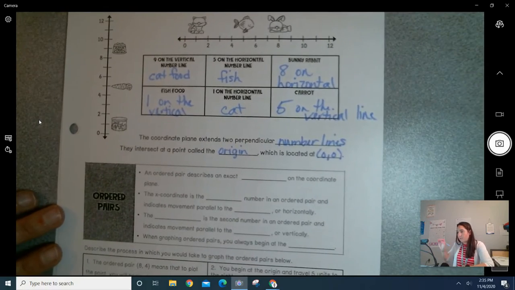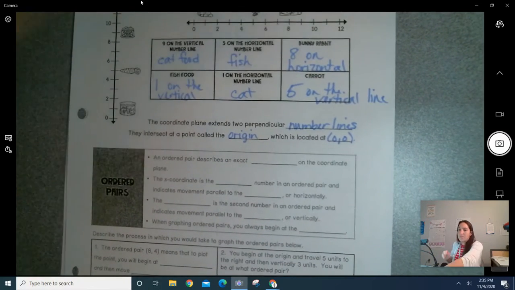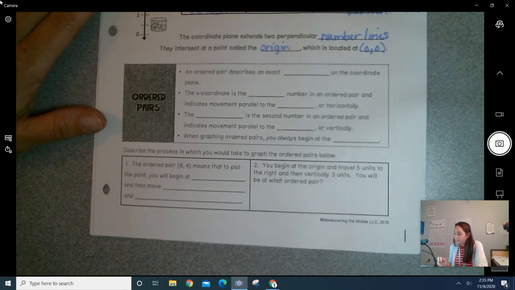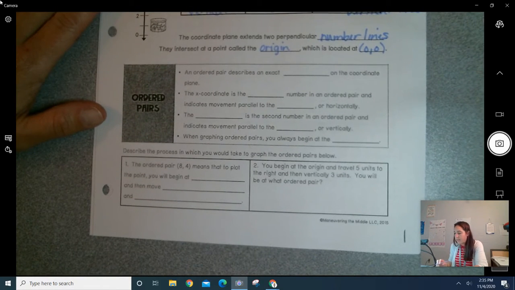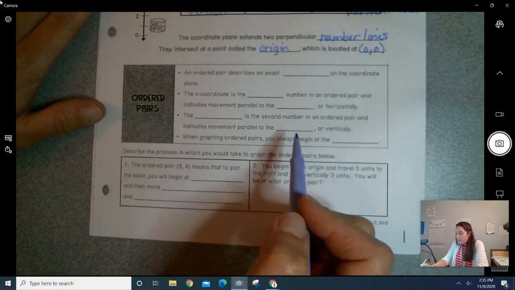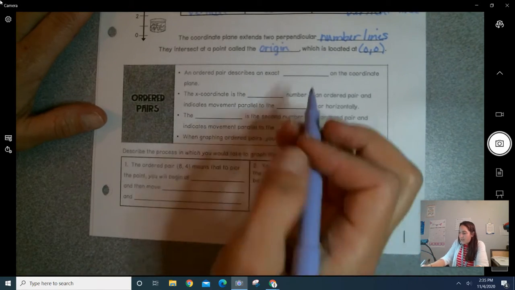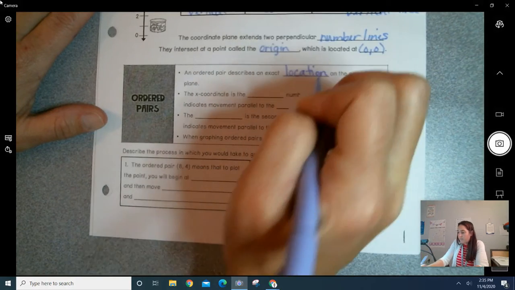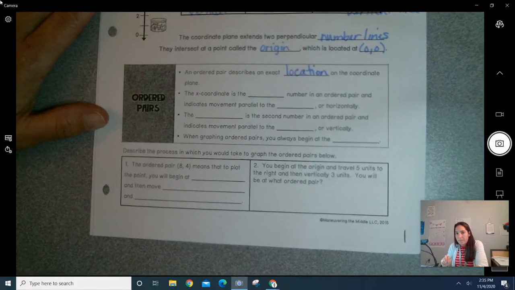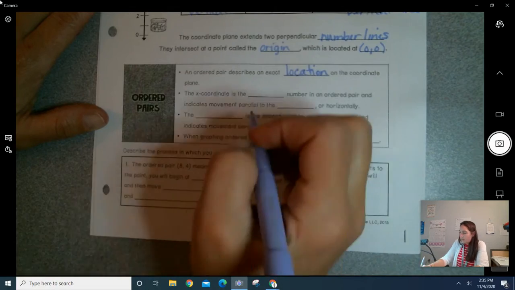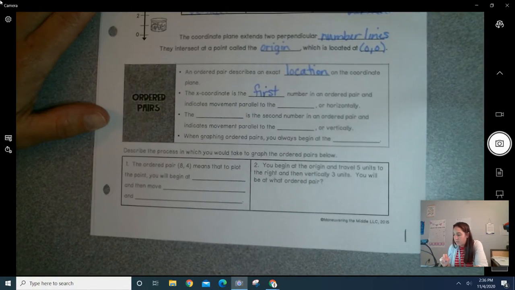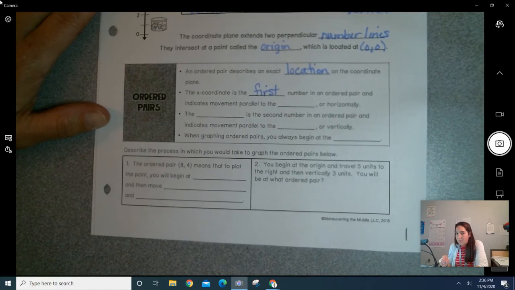We're going to talk a little bit more about these as we get further into our notes. So in just filling in these blanks, an ordered pair describes an exact location on the coordinate plane.